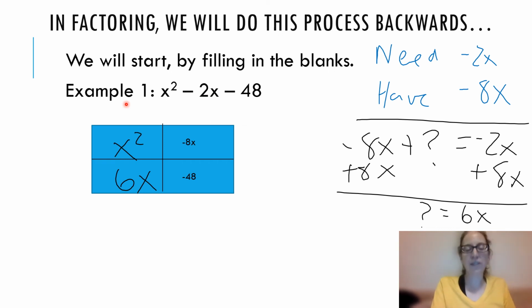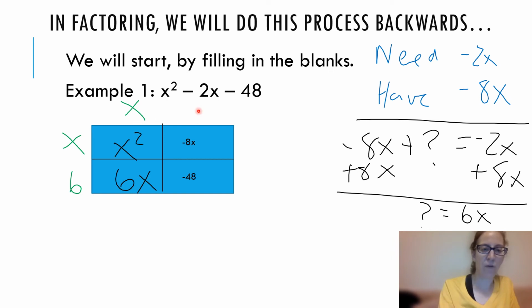So now you just need to figure out what's the length and what's the height. Well, if you've got x squared here, probably that came from x times x. So let's go ahead and fill that in. That was probably x and x. And then moving down here, x times something had to give you 6x, so that must be a 6.